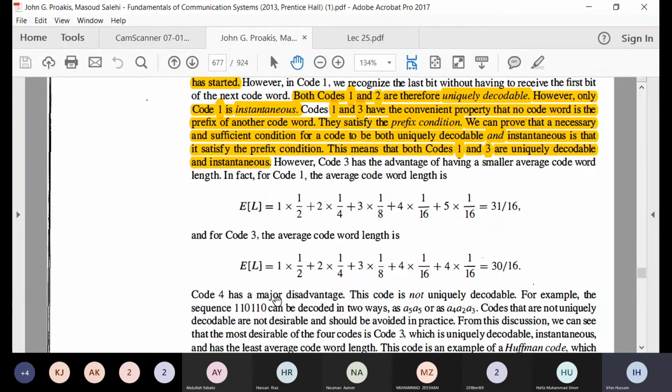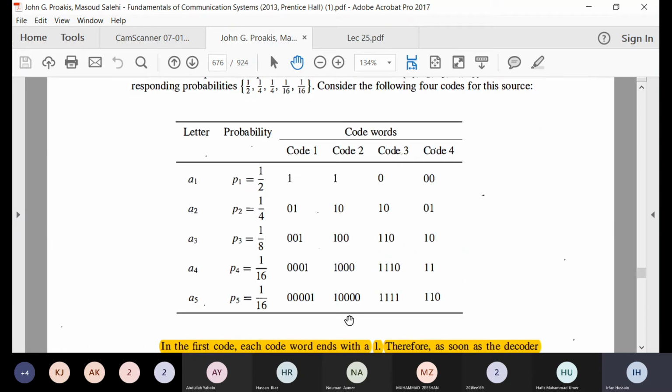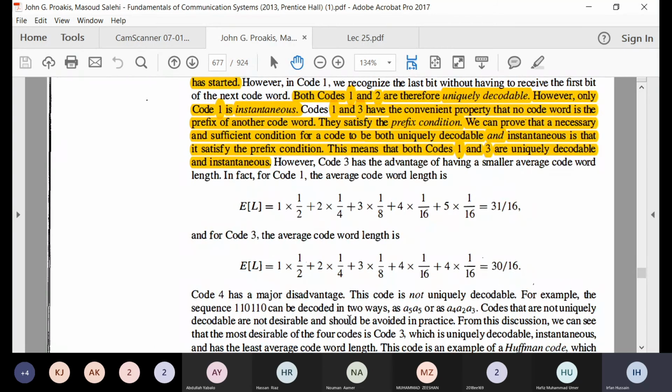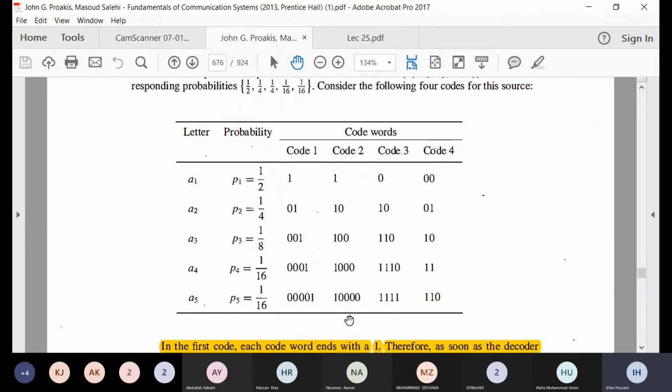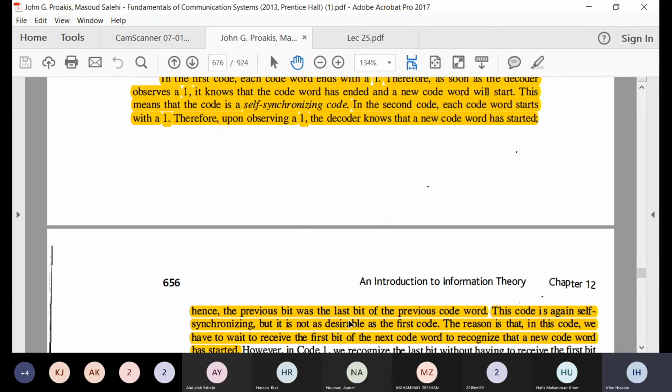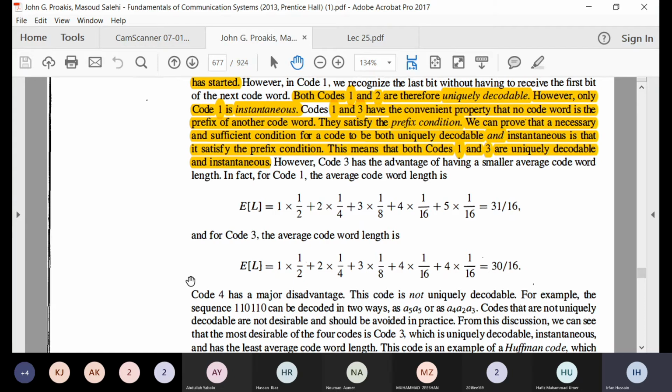But at the same time, 11 is A4, and then you have A2, which is 01. So this will be A4 and this will be A2, and then 10 is A3. So you can decode it both ways, A5, A5, or A4, A2, A3. So this is not desired, and this has to be avoided in practice.